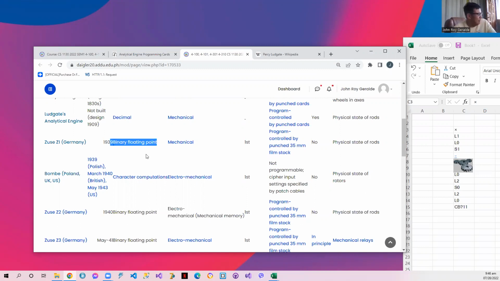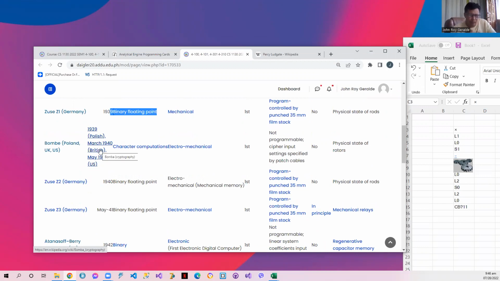Also during that time, by 1940, when the World War had already started, an invention from Poland was transferred to Great Britain. It was called the bomb. The bomb is actually a mechanical machine.